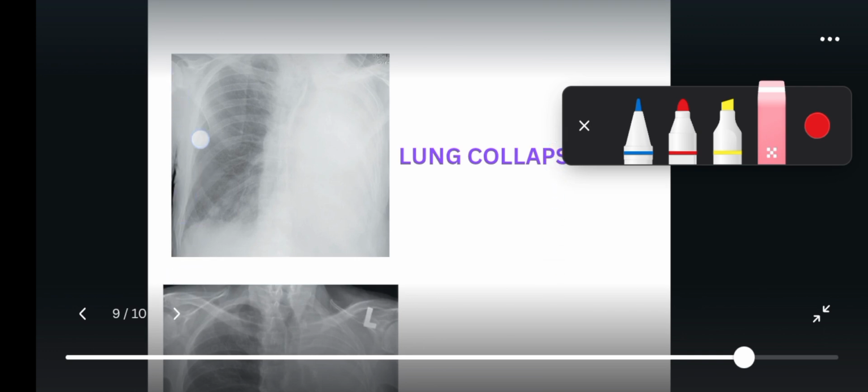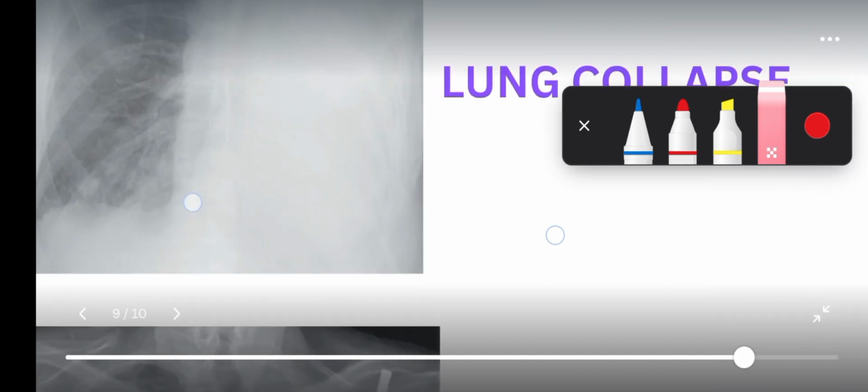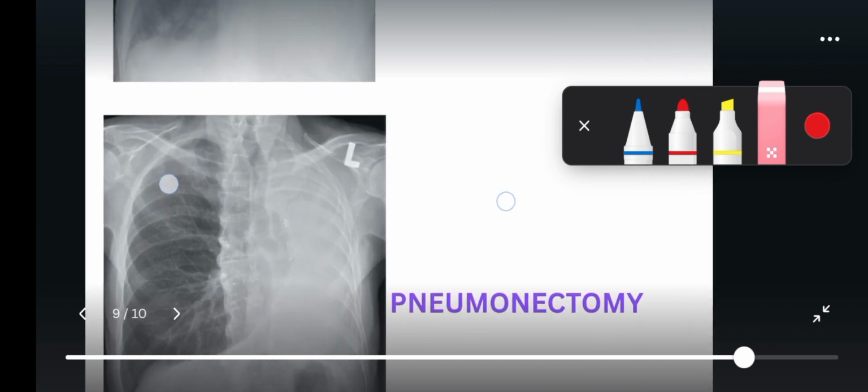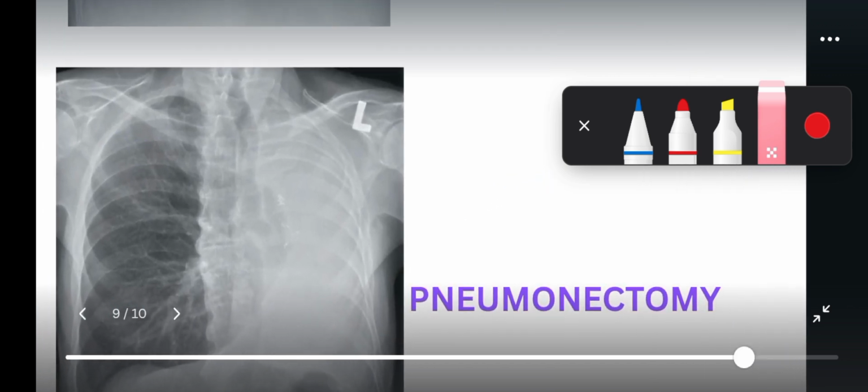And we'll come down to these pneumonectomy. The feature that help us differentiate pneumonectomy from lung collapse is we have to look closely to see the abrupt ending of the bronchus. You can see how this one ended here.